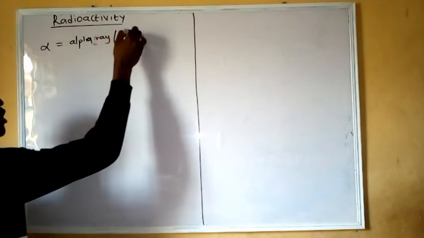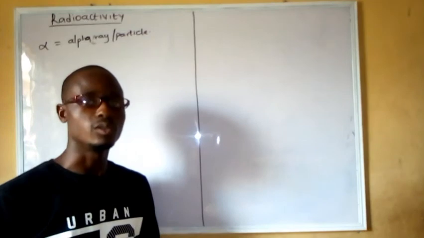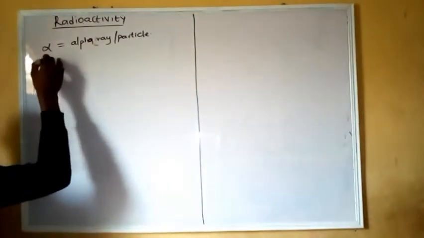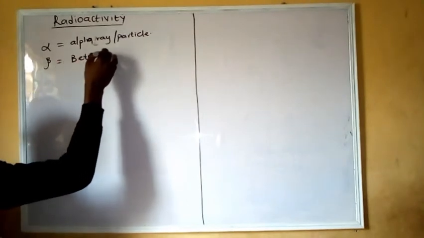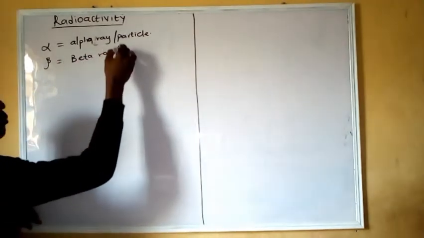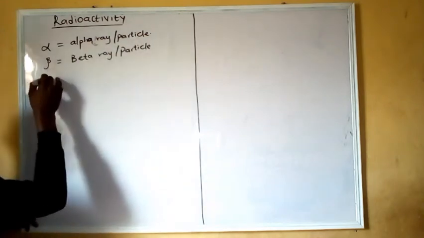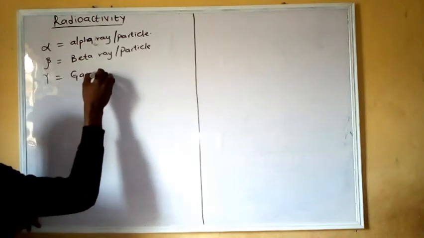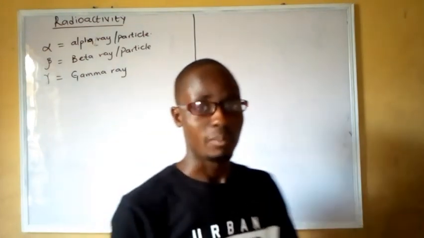They can be called alpha particles because sometimes they behave like a particle. Then we have this to represent the beta ray or particles. Then we have the gamma ray. Gamma ray cannot be regarded as a particle.